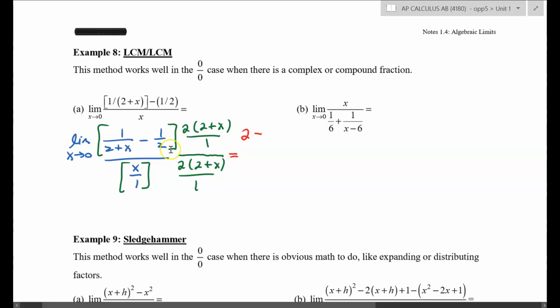The 2 and the 2. What's going to be left? 1 times 2 plus x. And when I distribute this to this, I'm not really distributing. It's just going to all be together. It's going to be 2 times x times 2 plus x.